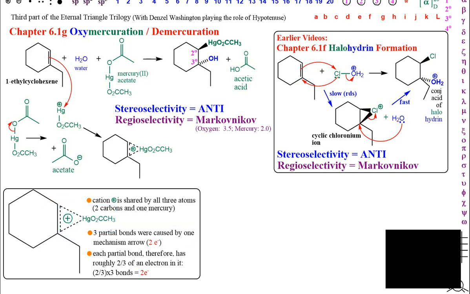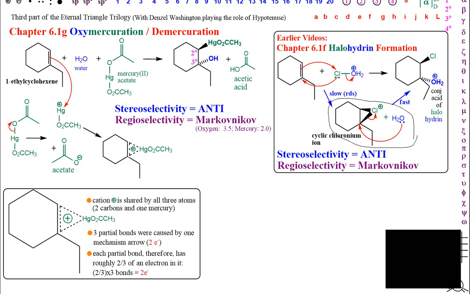The mercury is so large that it takes up a space like this, where it's simultaneously almost touching both carbons. You can't do that with a hydrogen. So we don't need real bonds, we just need the mercury close to both carbons. We will treat it like a triangle. Next part of the mechanism is very similar to what we've been doing with triangles all along, including back here.